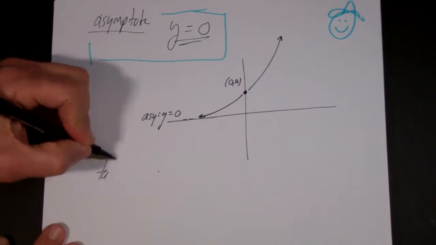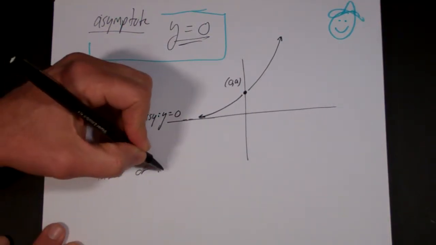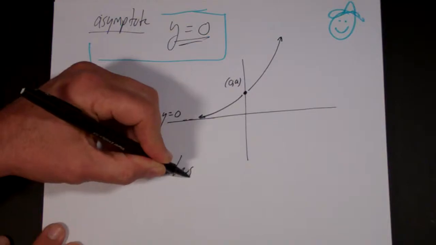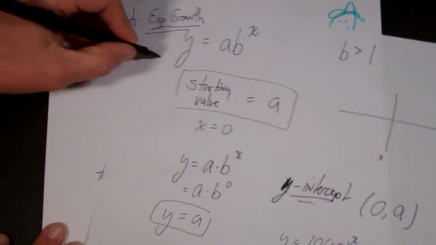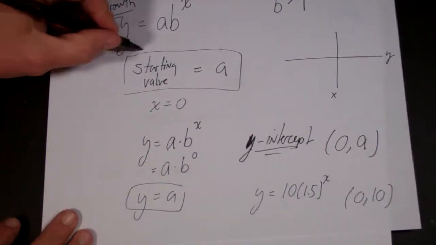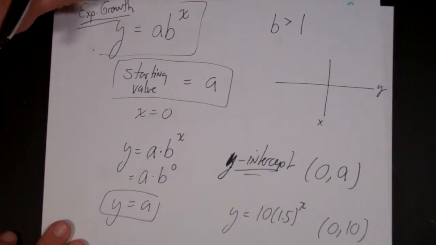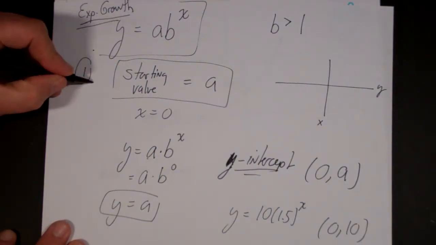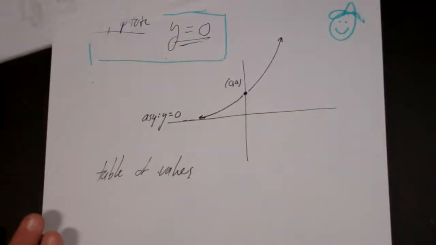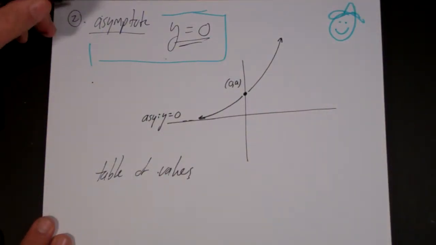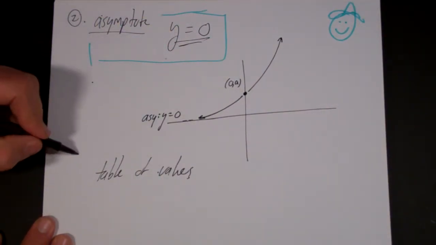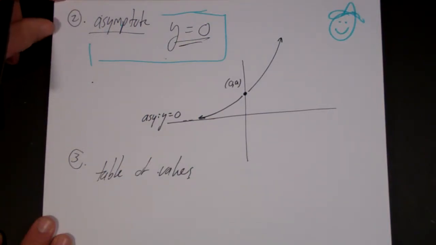So if you want to think about steps, your very first step, when you notice that it's of the form y equals a b to the x, this exponential growth function of a simple form, is to find the starting value, or the y-intercept. The second step is to define the asymptote, and the asymptote is always the same, so that's easy. And the third step is to do the table of values.